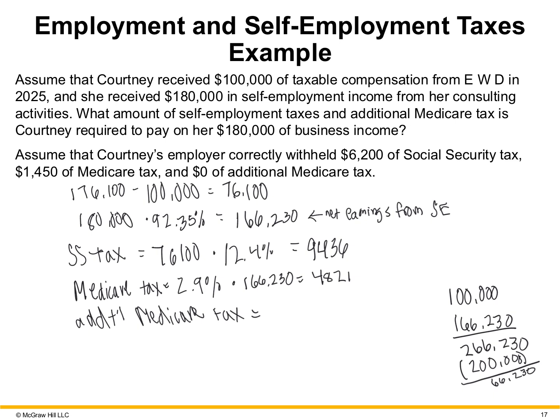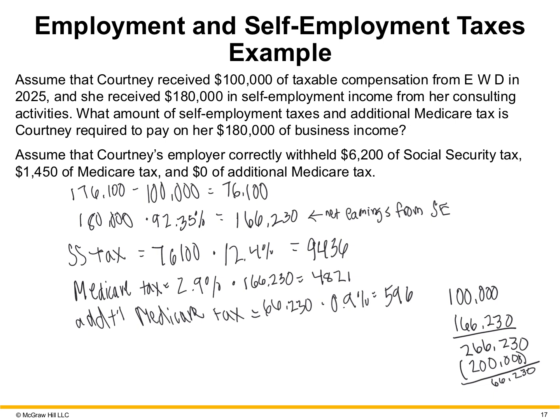And so that is what we will multiply by the 0.9%. So then if we take that 66,230 times 0.9%, that gets us $596.